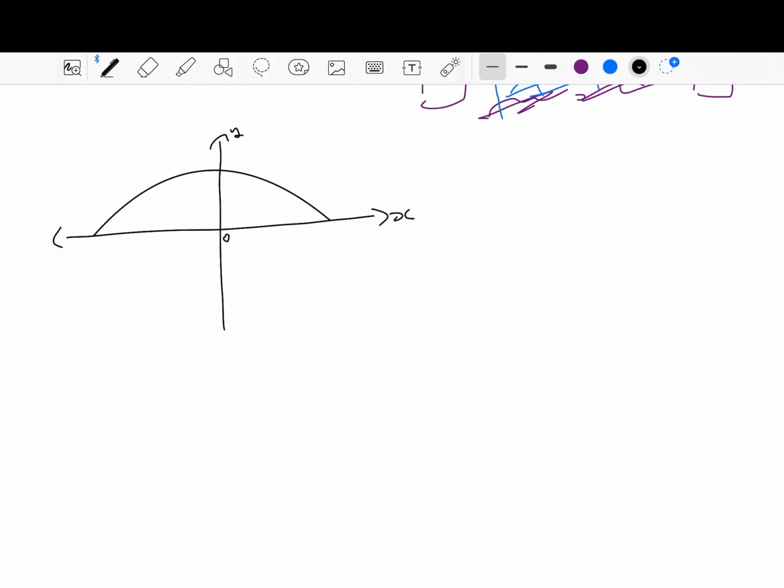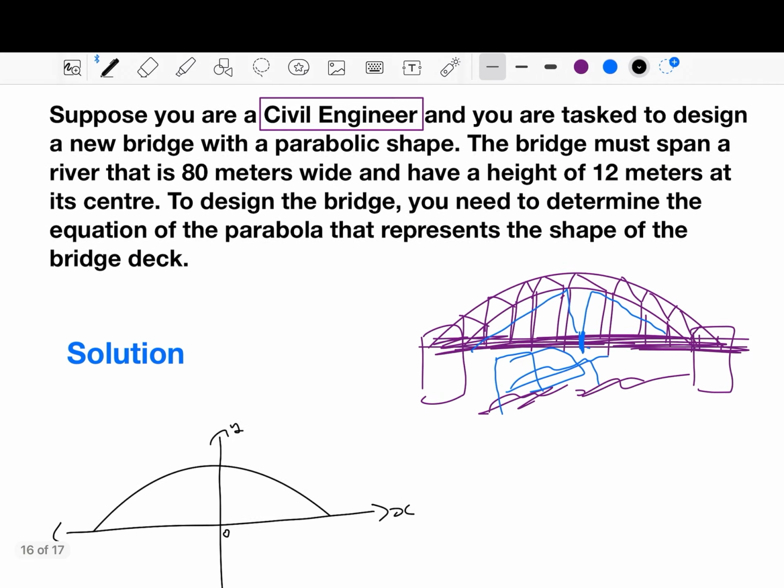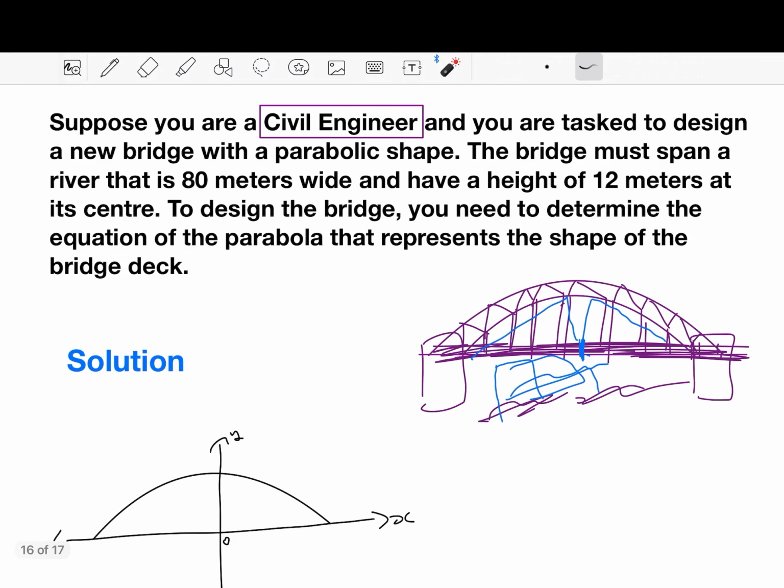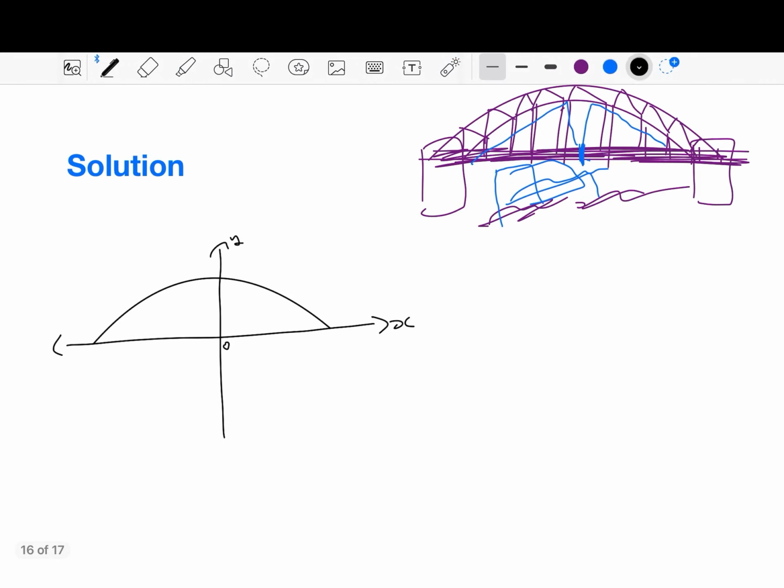We are told that this bridge is 80 meters wide, meaning from this point to this point is 80 meters. If you cut it in half, from here to here it's 40 meters, and from here to here it's 40 meters.